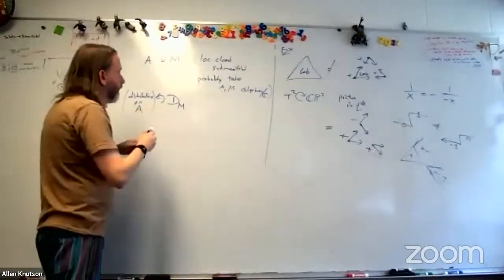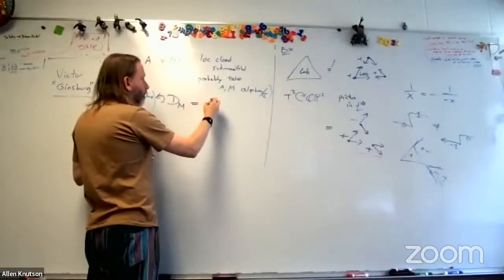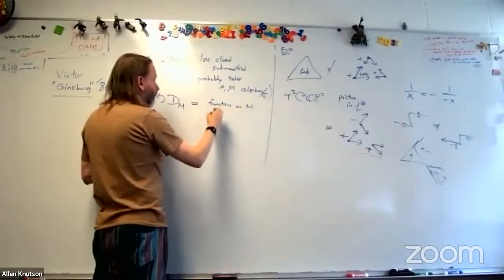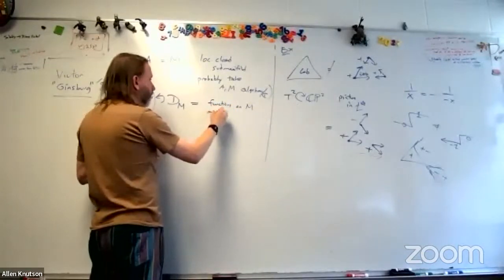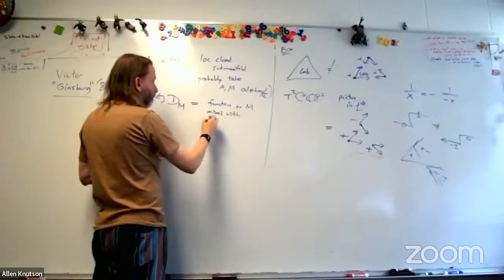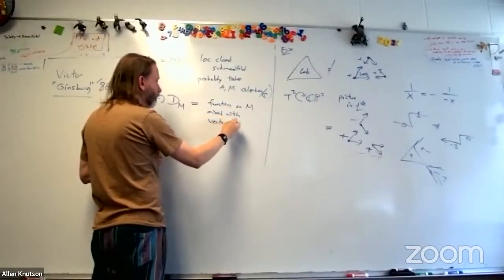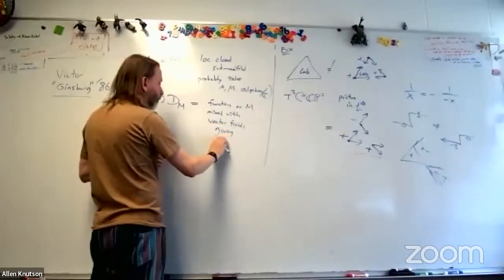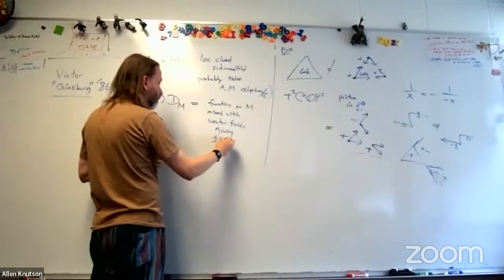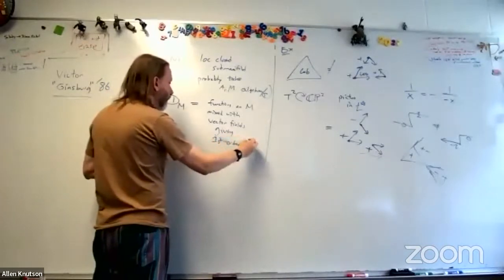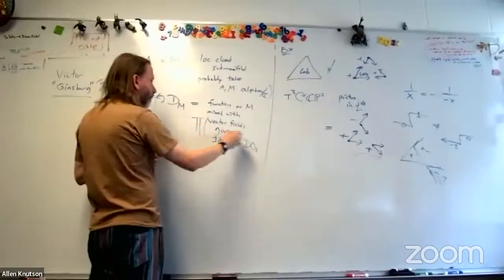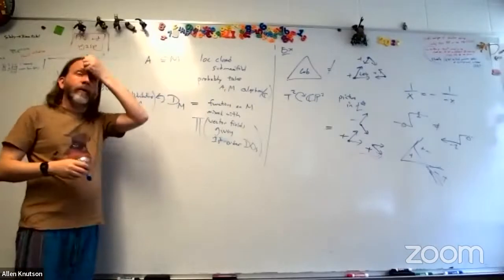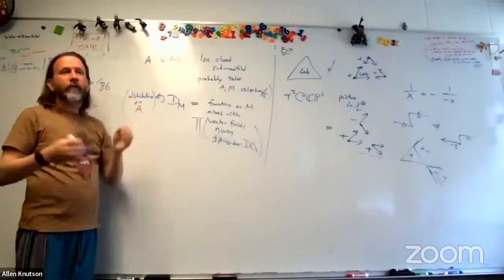So what's this guy? This guy is functions on M mixed with vector fields, giving first order differential operators, and then I want to take products of those. So M is going to be some complex manifold, maybe C or CP1.